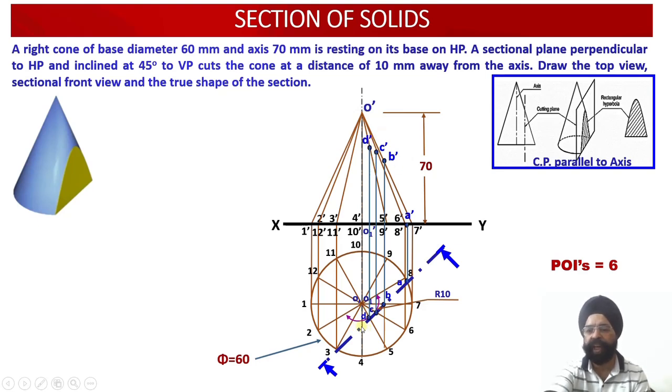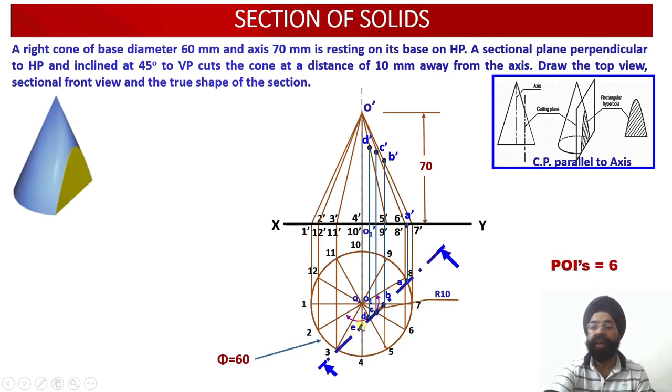Now the next point, point 5, lies on the projector O4. It lies on the vertical projector over here, as shown in the top view, O4. Now this is the slant projector O4. The name of this point will be E, because this is my fifth point.